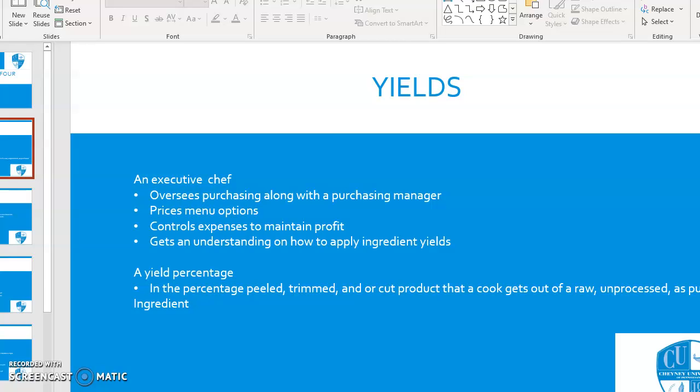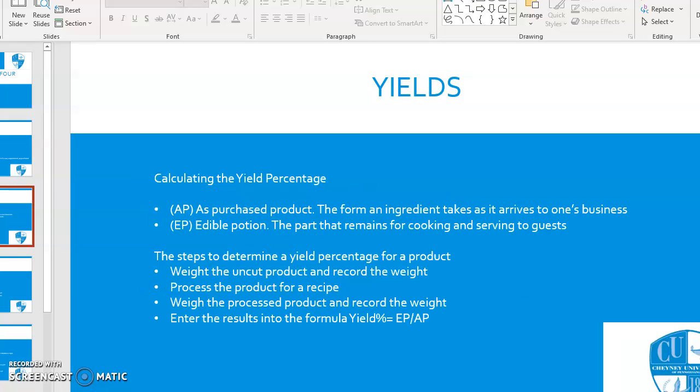The textbook talks about it being the unprocessed or the raw or the purchased ingredient. That's not going to be the final dish that you serve to your customer, okay? So the raw, unprocessed, and purchased ingredient is going to turn into a final cooked product. So think about that as you begin to apply that with different yield percentages.